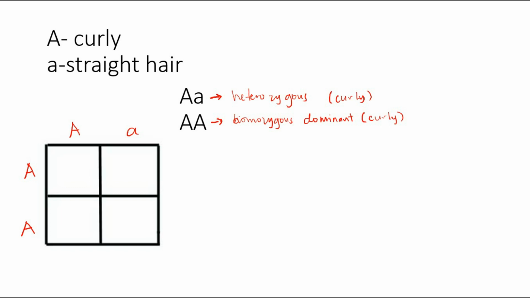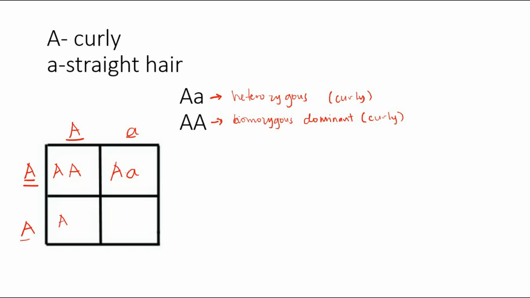Okay, so we are going to fill in the first box by intersecting the letters. For the first box, we have here A and then another A, which are both capital letters. And for this box, we are going to use this one and then the letter above it, which is a small letter a. So this will be the genotype inside this box.